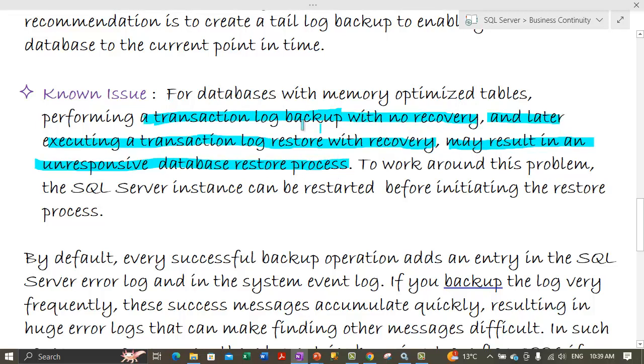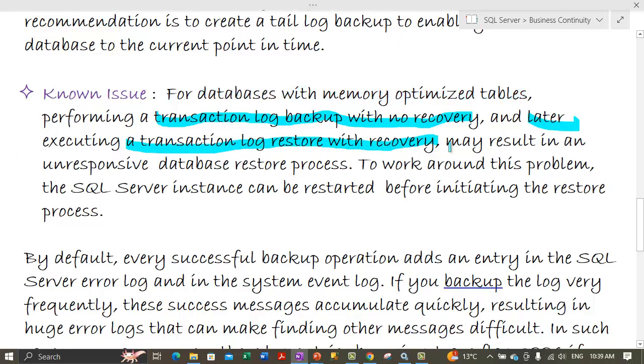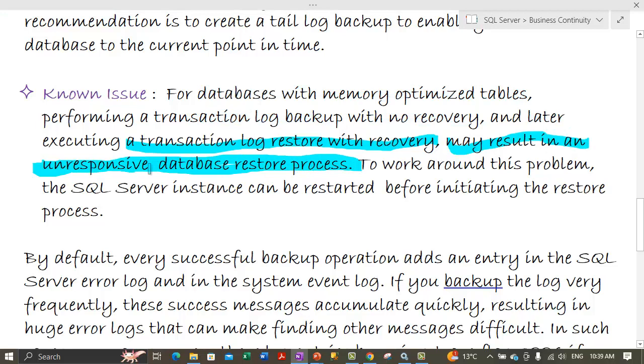For example, if our database uses memory optimized tables and gets damaged, and we take a tail log backup and later try to restore it with recovery, the database restore process may become unresponsive.